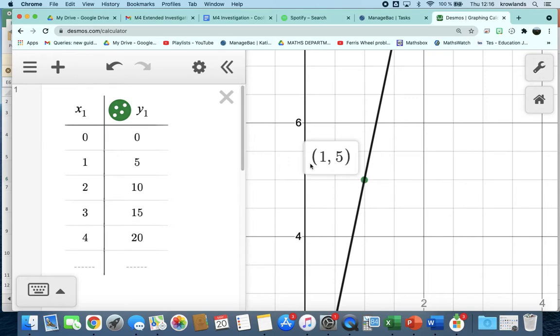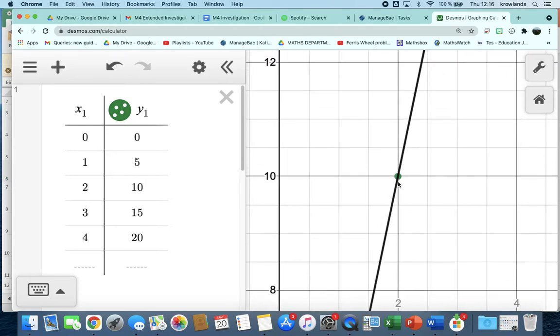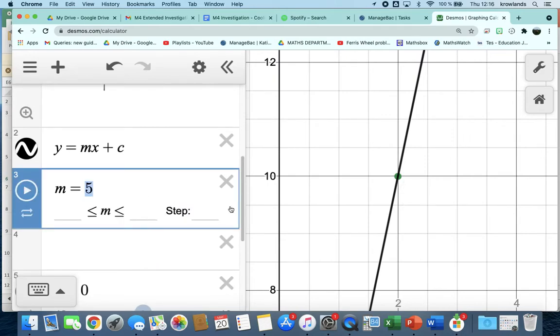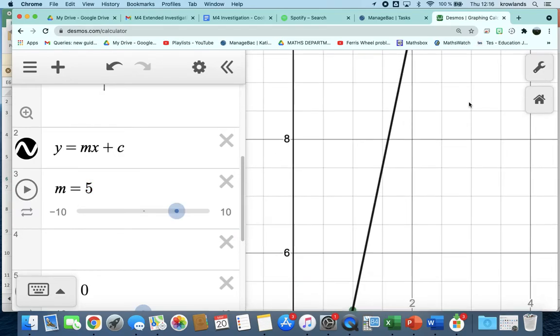So it goes from 0 to 1 for the x, and the y goes from 0 to 5. Then we jump up 1 in the x-axis, 1 to 2, and 5 in the y-axis, 5 to 10. So our heat flux constant in this instance is going to be 5. This will be different for your investigation, and the reason is the gradient is exactly 5.